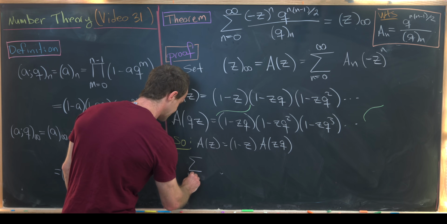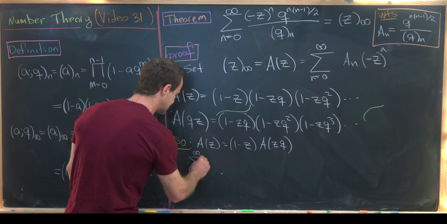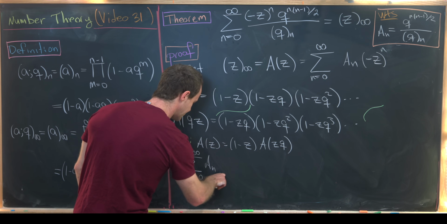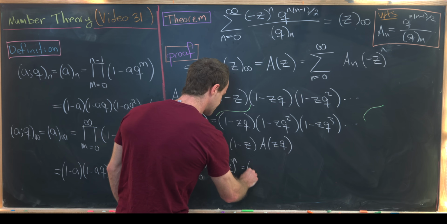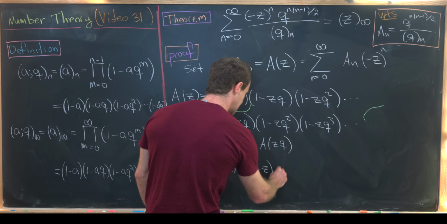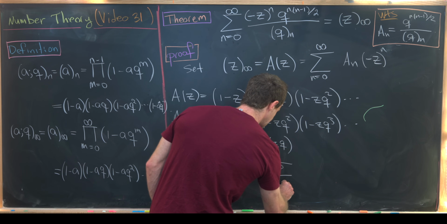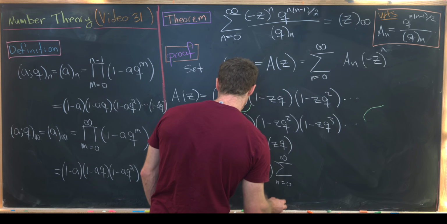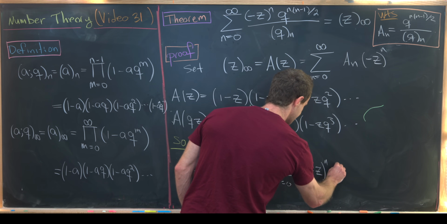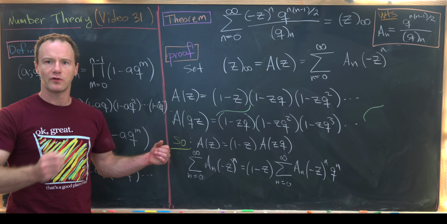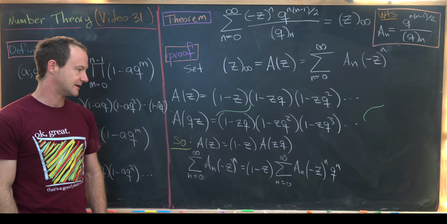So this is going to be the sum as n goes from 0 up to infinity of a_n (minus z)^n equals (1 minus z), and then my sum as n goes from 0 up to infinity of a_n (minus z)^n q^n. I'll pull those apart just kind of as needed.